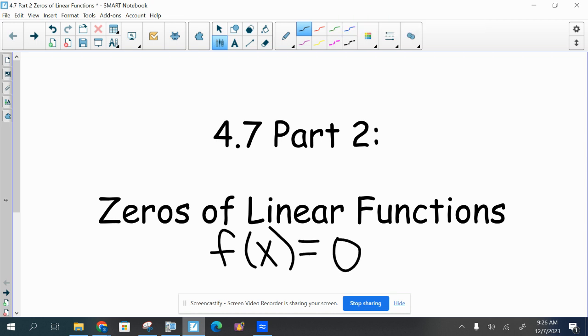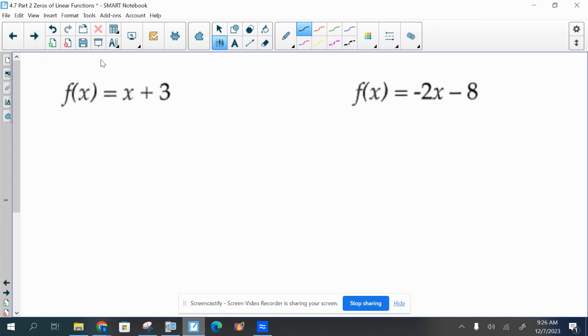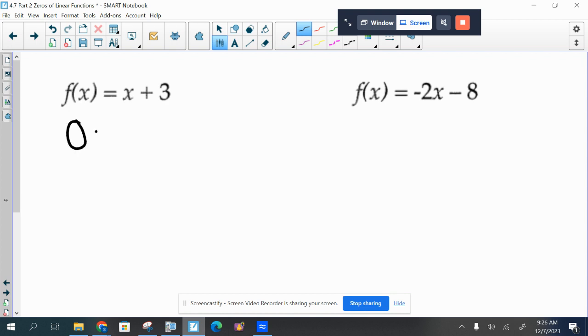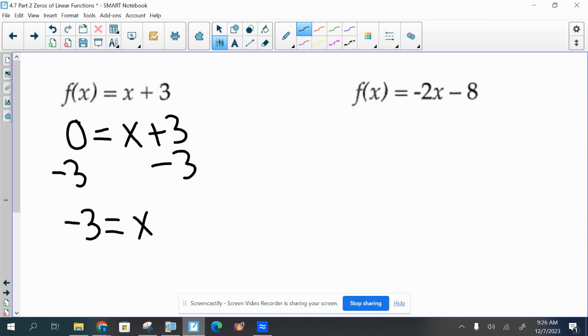So to find the zeros of a function, you make f of x equal 0 and then you solve for x. So for the first two examples, you would take f of x, make it 0, equals x plus 3, and then solve for x. So we'll subtract the 3 over and get negative 3 equals x. And that's your answer.